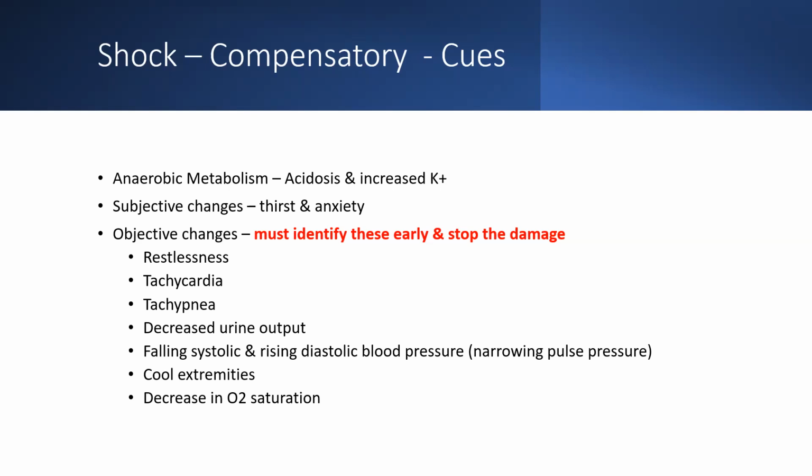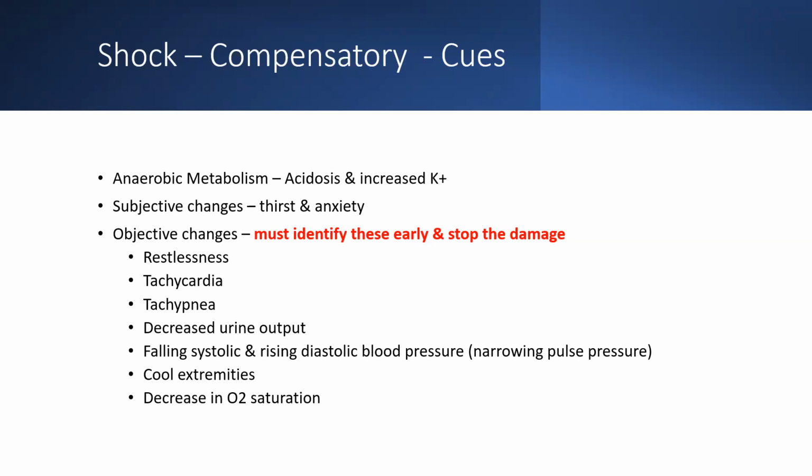So those objective changes, which are what we need to see: restlessness, right? Tachycardia, or increased respiratory rate. Increased heart rate, increased respiratory rate, that decrease in urine output. Their systolic blood pressure starts to fall more, it's dropping, and their diastolic pressure starts to increase. So they have that narrowed pulse pressure between systolic and diastolic.